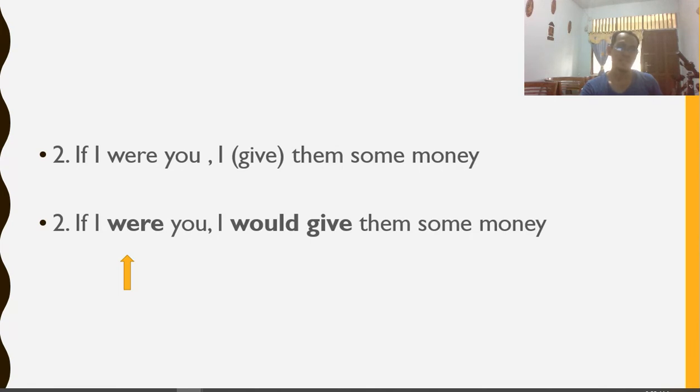There is a to be word, were, here in the if clause. This is similar with be, to, or verb to. The answer uses would plus give. So this is the answer of question number 2. I hope that you understand this.